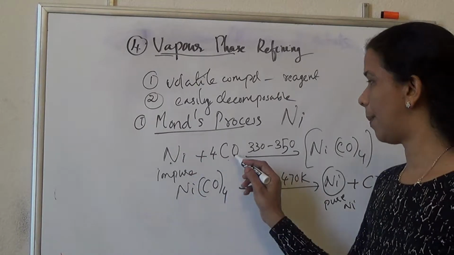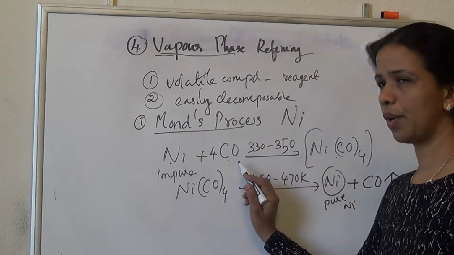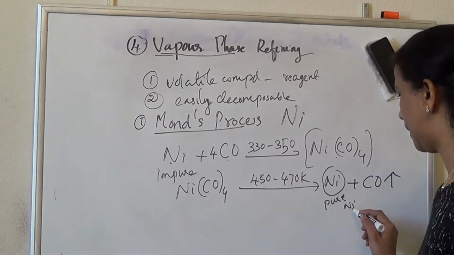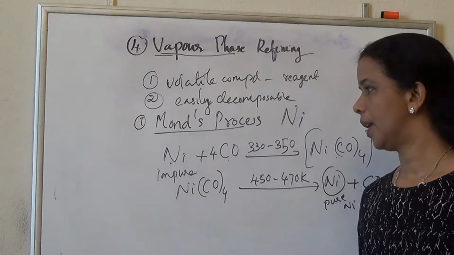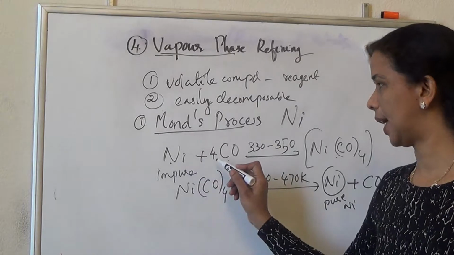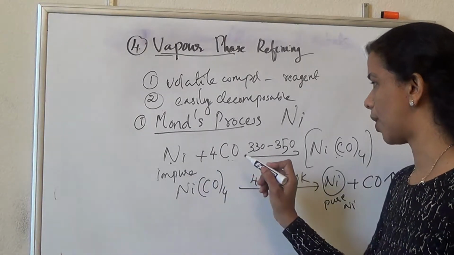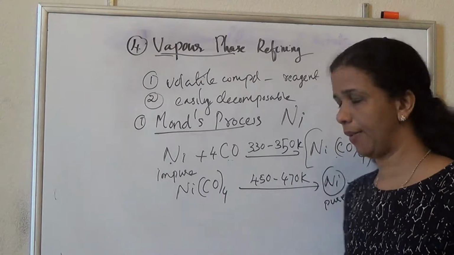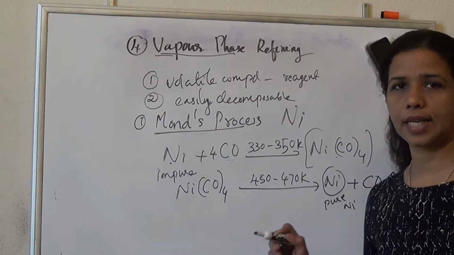So the metal must form a volatile compound with a particular reagent. Then that volatile compound is decomposed by using heat, and we will get pure metal. So impure nickel is treated with carbon monoxide at a temperature of 330 to 350 Kelvin. It will form nickel tetracarbonyl.